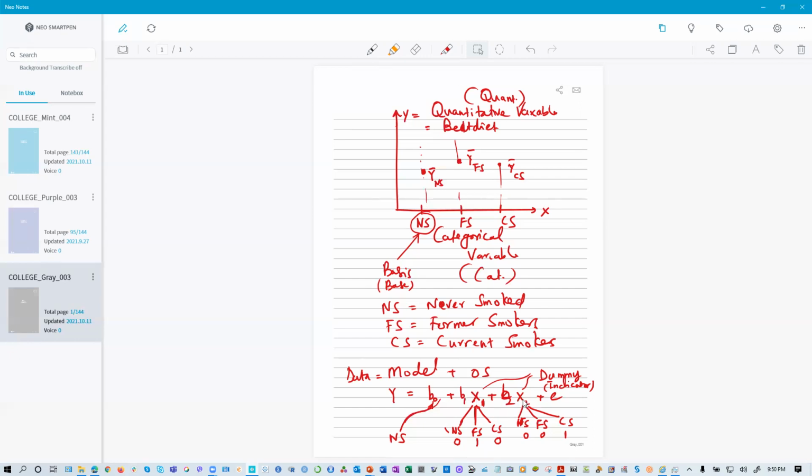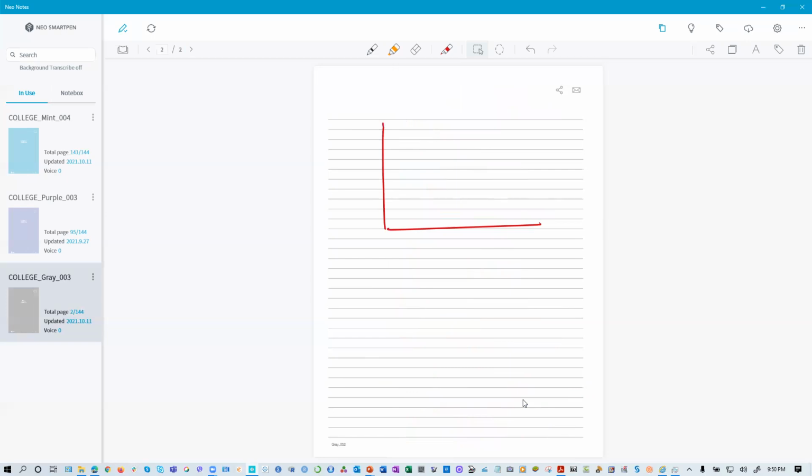B1 and B2 are what? They are the values. If you run this one and get the X here, Y here, this is your Y bar of non-smokers, which is the same as B naught. Then the next value, somewhere here, is Y bar of the former smokers, and the gap between those two represents B1.